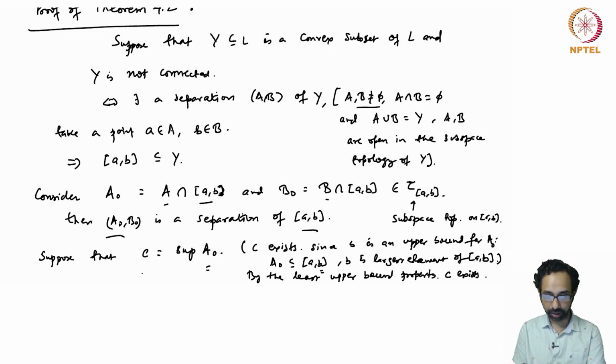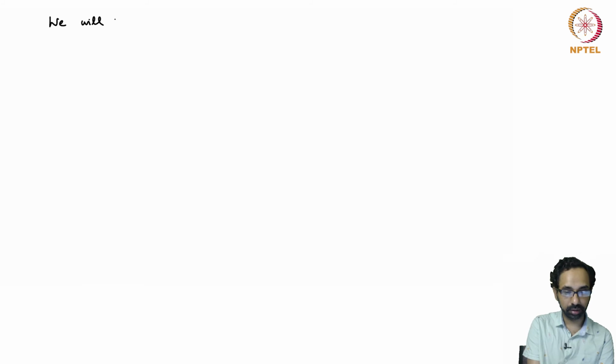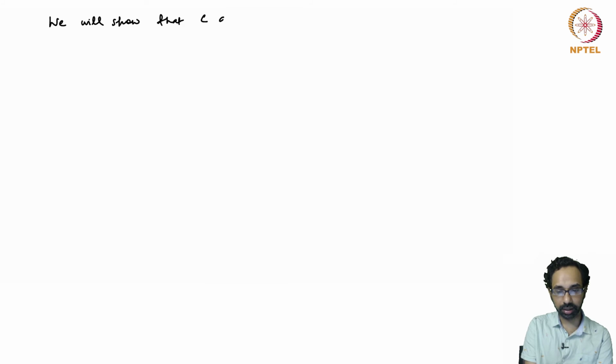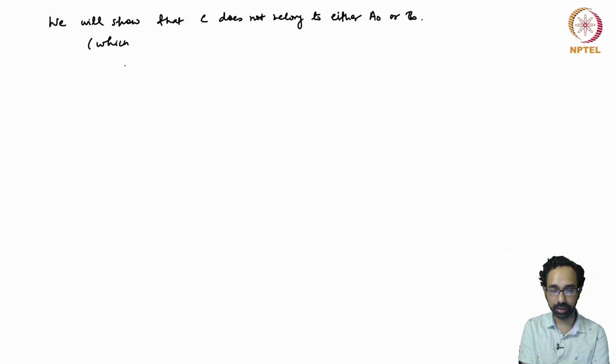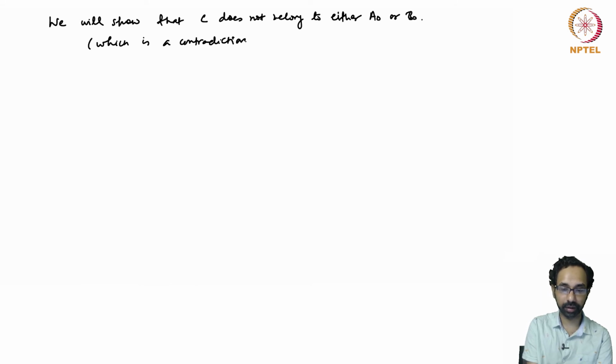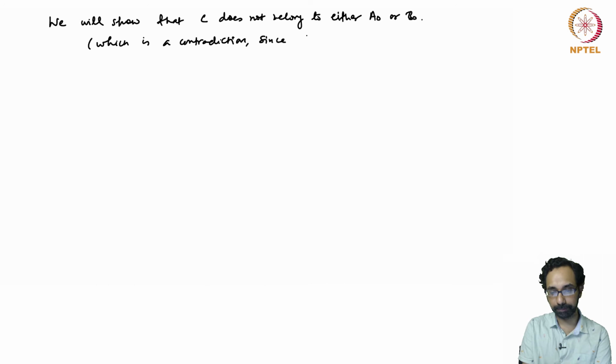So we have this point c, and now we will show that c does not belong to either A0 or B0, which is a contradiction, since the union of A0 and B0 is the interval [a,b], since first of all c must belong to [a,b].